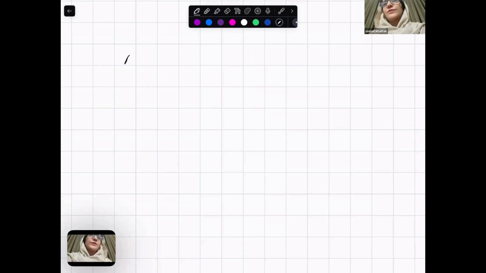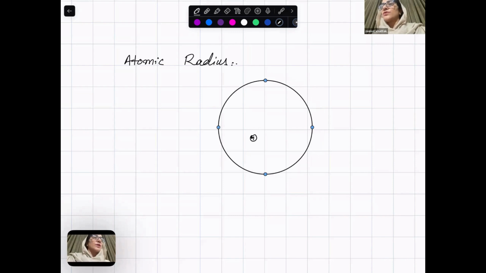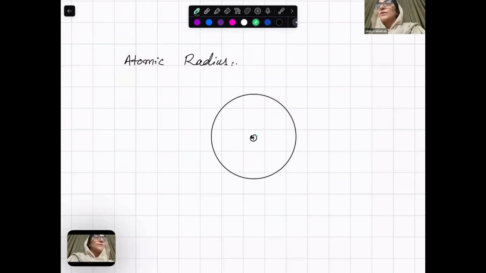Atomic radius. This is the nucleus, and these are the outermost electrons. The distance, this is what?